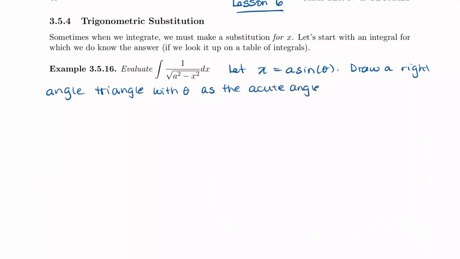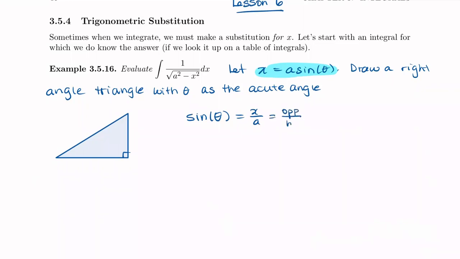All right, so if this is your right angle triangle, and we have a look at this trig formula, we have x equal to a sine theta. Well, sine theta here then is going to be x divided by a. Remember that sine is defined as the opposite over the hypotenuse, right?